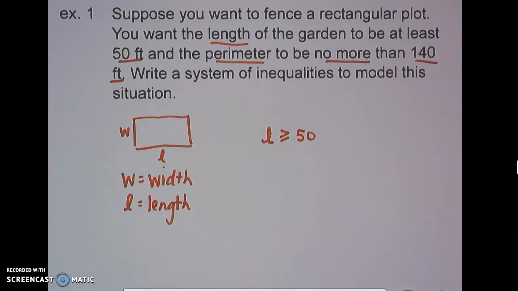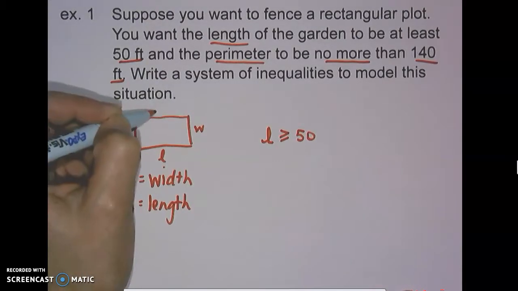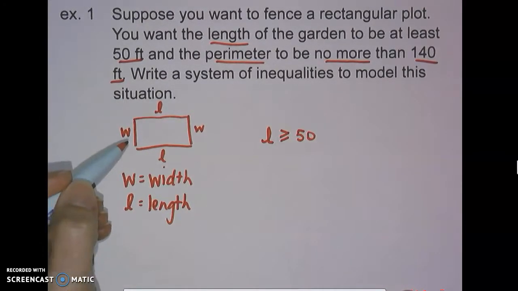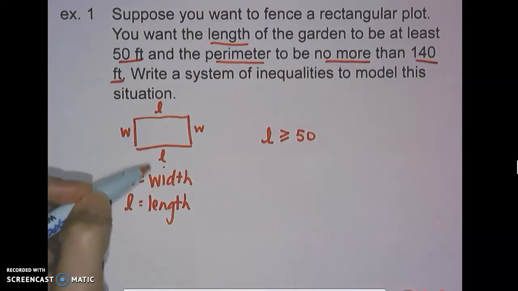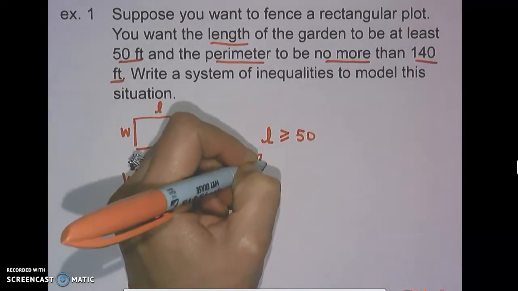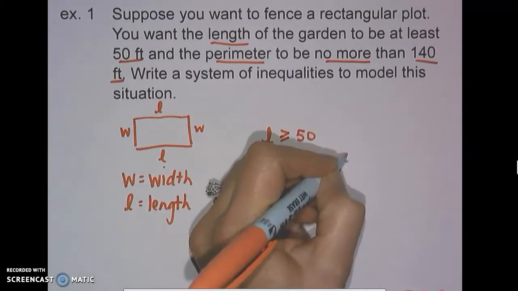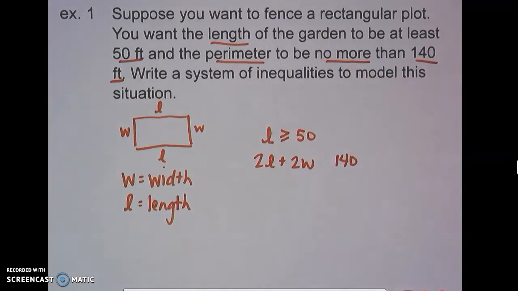The other piece we have here is that the perimeter will be no more than 140 feet. Perimeter, what does that mean? So perimeter is where we're going to add all the different sides together. So we're not exactly sure what these are, except this is the width and these are the lengths. So to find perimeter, we're going to add all four of those together. That means we would have 2L plus 2W, and we know it needs to be 140 on the other side.